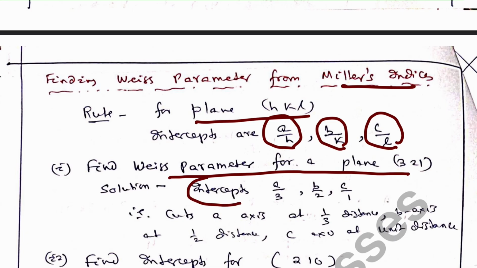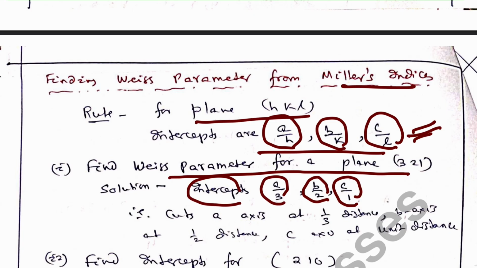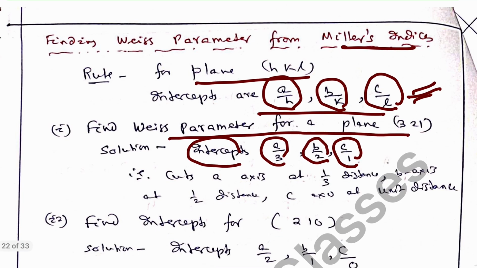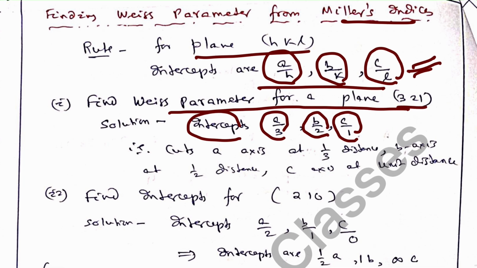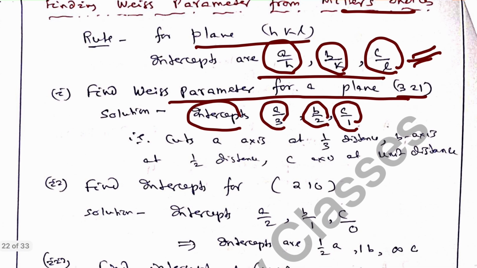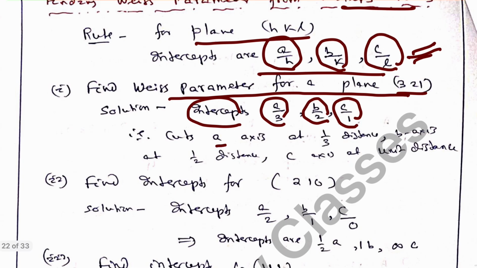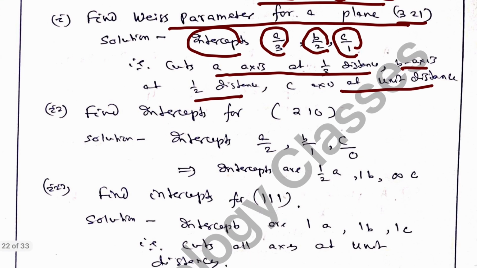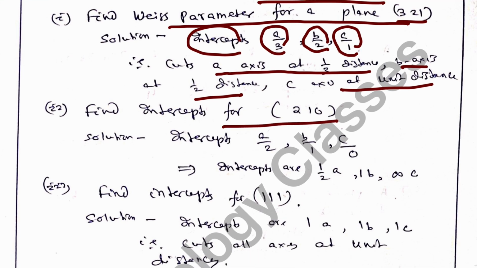Its intercepts are A by 3, B by 2, C by 1, because 3 2 1 is the Miller's indices. So it cuts the A axis at 1/3 distance, the B axis at half the distance and the C axis at unit distance.